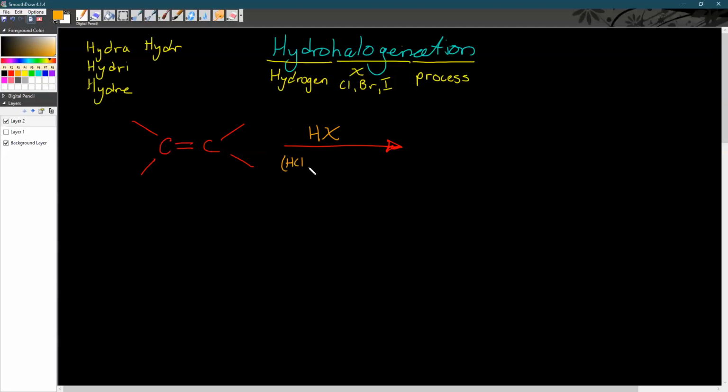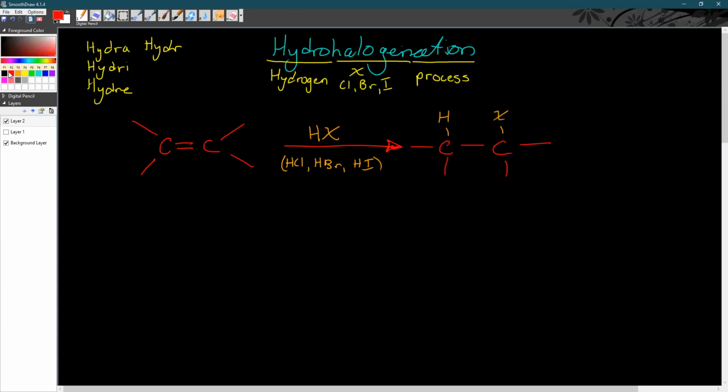It could be HCl, it could be HBr, it could be HI, all these different things. And what I want you to know is that the carbon-carbon double bond degrades into a single bond. And we're going to add the hydrogen and the halogen across the carbon-carbon bond.